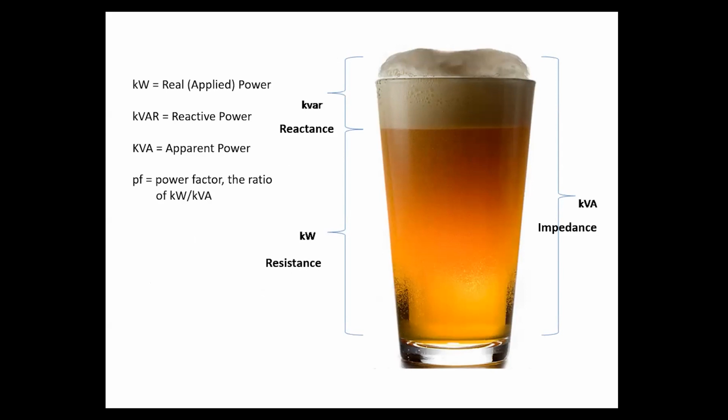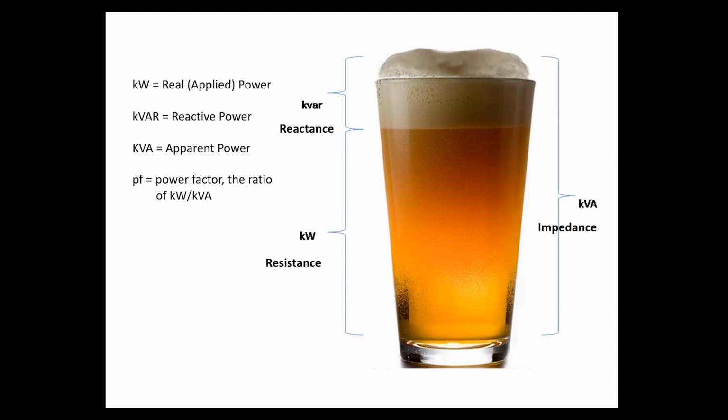The last time we talked about power factor, and we talked about things like reactive power and real power and apparent power, and we like to illustrate that with this glass of beer. The liquid beer there is the only thing that'll get you drunk. That's the real beer.